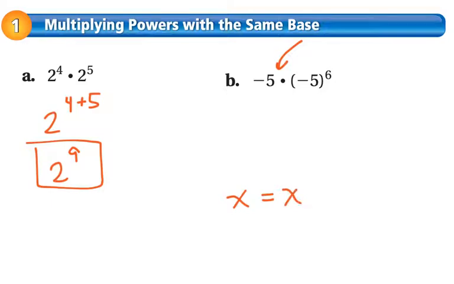If we raise any base to a power of 1, it's equal to itself. So there's an invisible exponent of 1 there all the time. So when we go to evaluate part B, it's really negative 5 to the first power times negative 5 to the sixth power, since the bases were the same. I should keep parentheses here, I apologize. We add the exponents. 1 plus 6 is 7, so we have negative 5 to the 7th power.